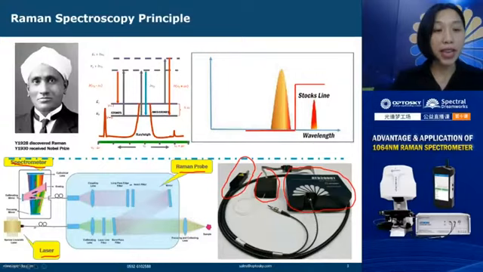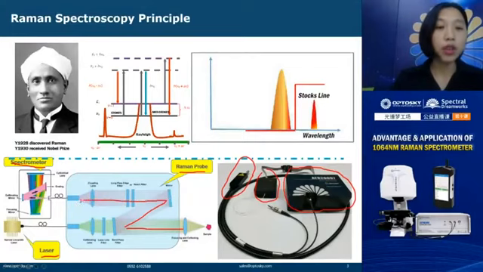The laser shoots through the collimating lens and laser line filter, then shoots on the focusing lens, and then focuses on the sample. The sample generates scattered light that goes straight and is reflected by the mirror, then goes through the long pass filters to the spectrometer to analyze the Raman signal.